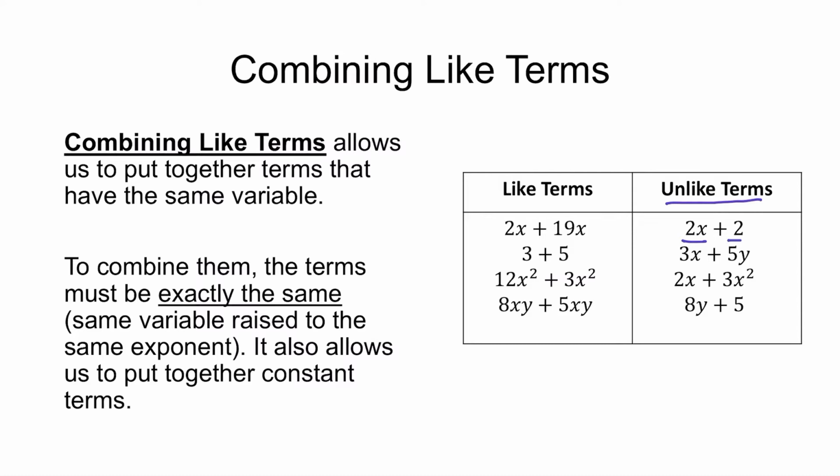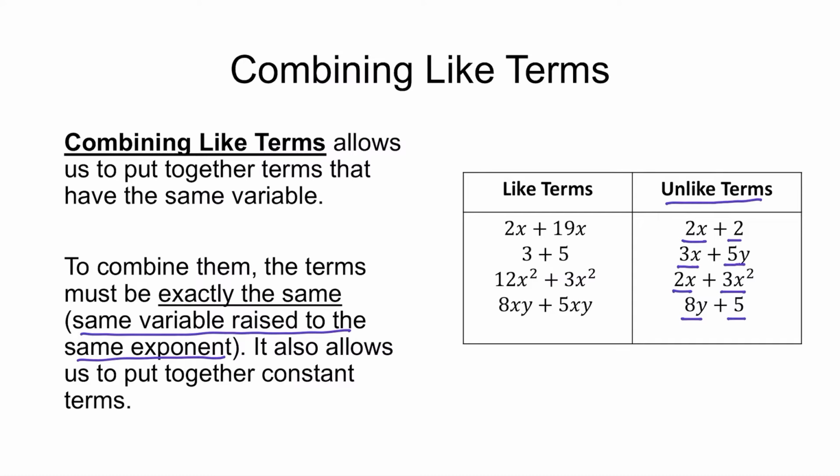So these two terms cannot be combined. 3x is an x term and 5y is a y term, so they cannot be combined because they're two different variables. 2x and 3x squared cannot be combined because although they both contain an x, one contains an x squared. So remember, they have to have the same exponent and be the same variable in order for them to combine. 8y and 5 will not combine because one is a variable term and one is a constant term.